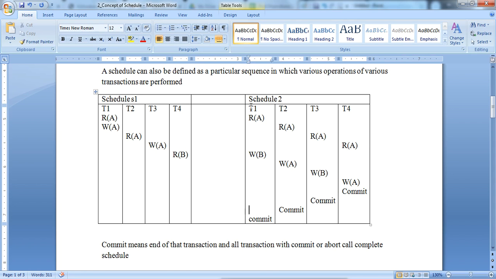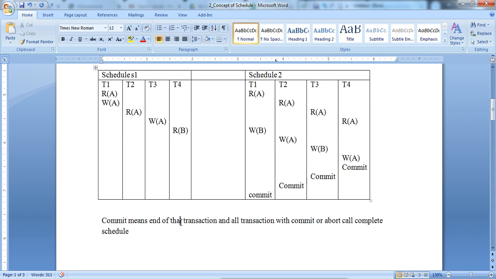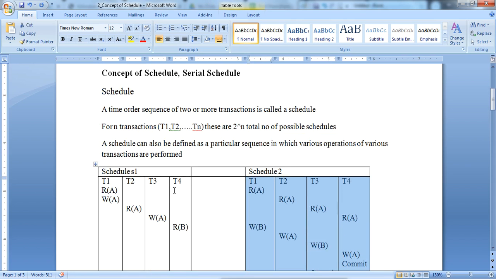This is again one schedule example. Commit means the end of the transaction, and all transactions ending with commit or abort make a complete schedule. This one is not a complete schedule, while this one is a complete schedule.